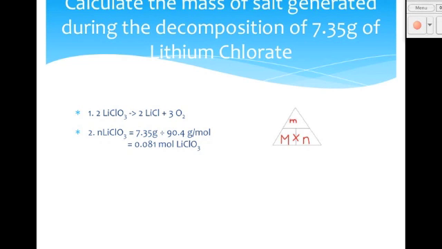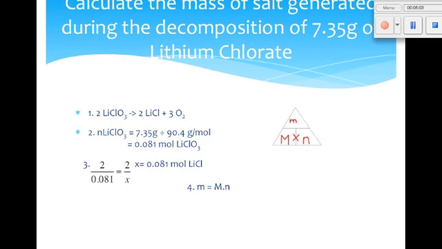So then third step, establish ratios again, and there you go. And since they're both 2, they'll both cancel each other out, so it'll have the same number of moles as lithium chlorate. So the salt, which is lithium chloride, will have the same number of moles as lithium chlorate.